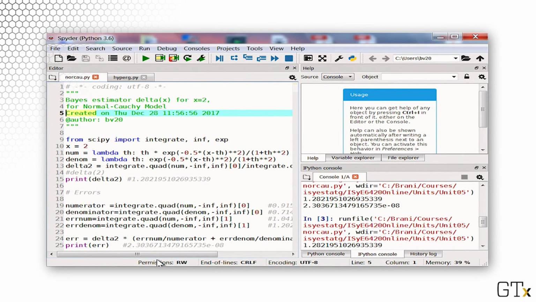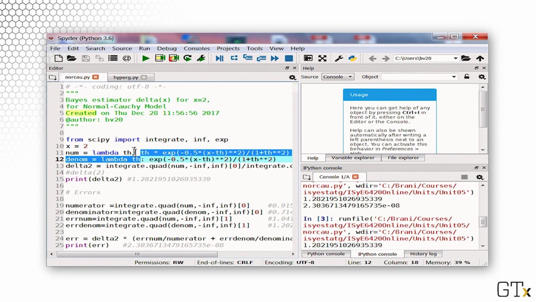Let's now take a look at how the ratio of the two integrals that we just did by simulation can be done numerically. For that purpose, I have the Python file in which I have the expression in the numerator, an expression in the denominator, and simply I am taking the numerical integral.